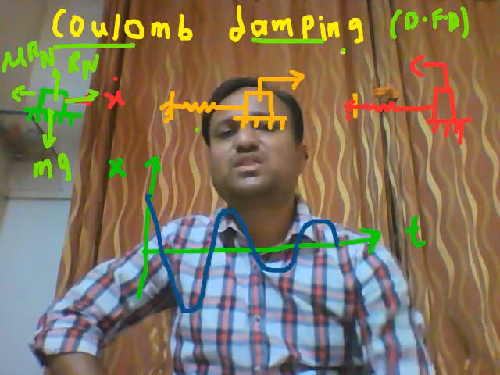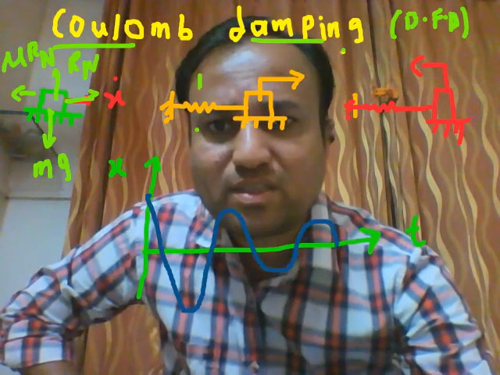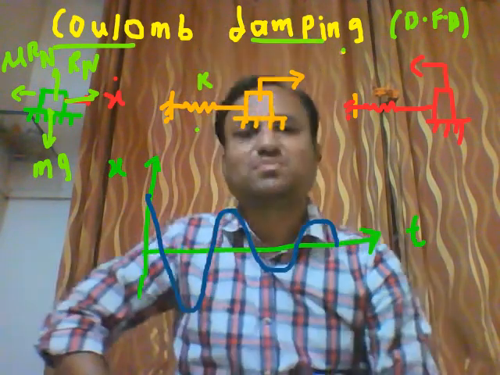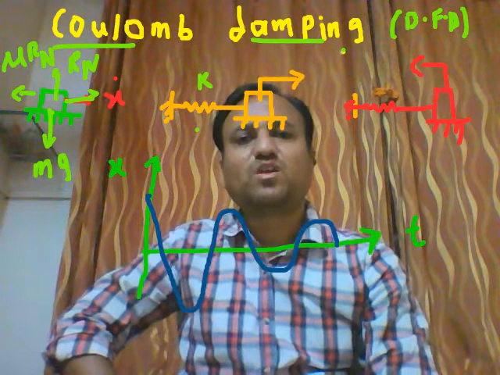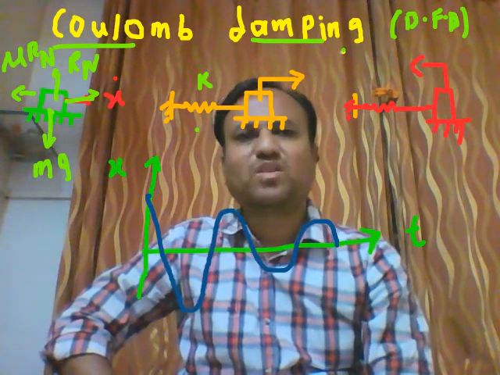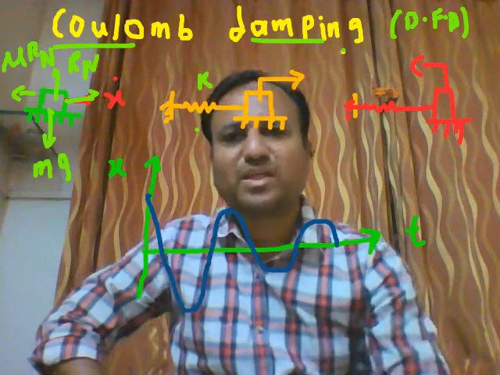Suppose the same system I have considered with a spring. So a spring mass system, mass is sliding over a dry surface.